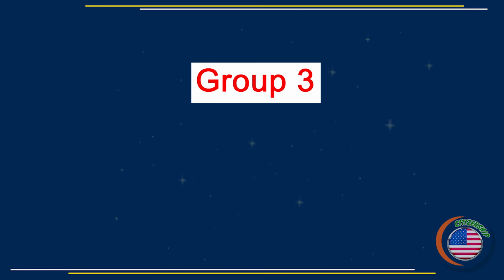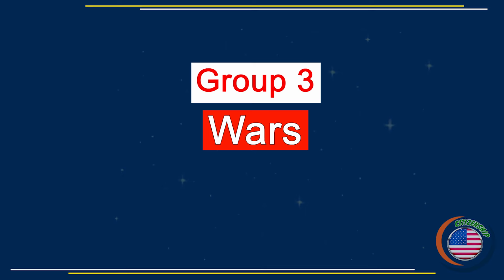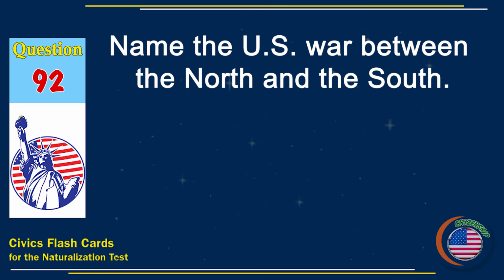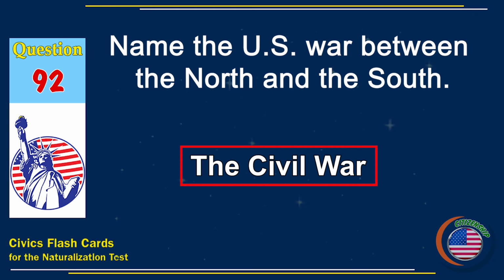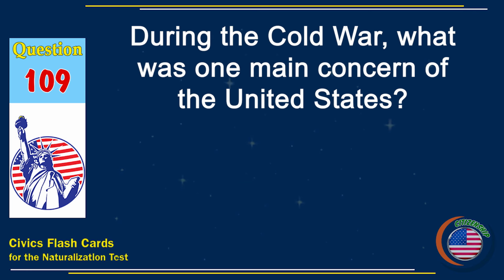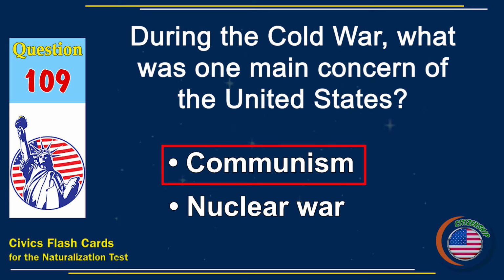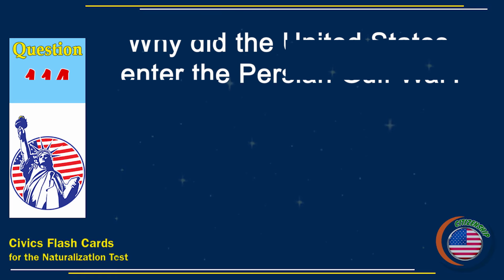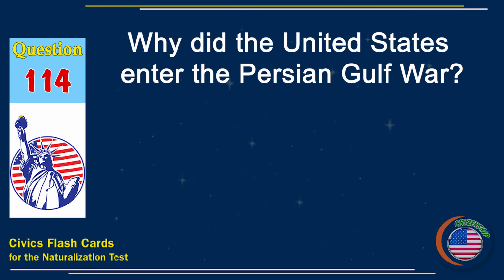Group 3. Wars. Name the U.S. war between the North and the South. The Civil War. During the Cold War, what was one main concern of the United States? Communism. Why did the United States enter the Persian Gulf War?